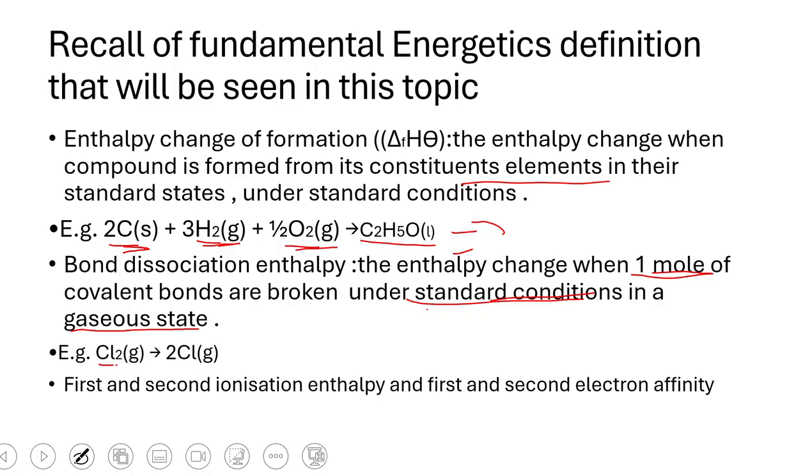So this is chlorine. This covalent bond, Cl to Cl, is broken to form gaseous chlorine atoms. So to balance it, you get 2 moles of chlorine atoms to balance the equation.